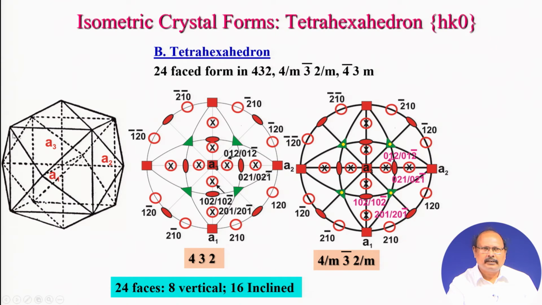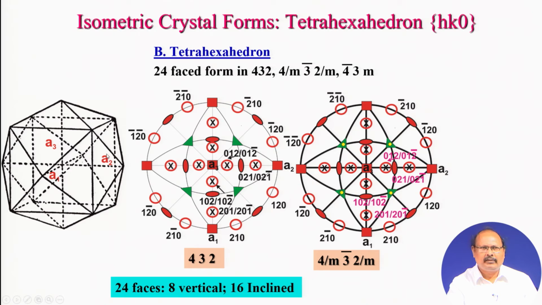You find that this is your A1 axis, this is your A2 axis, and this is your A3 axis here. Immediately you can find this is your 100 face in the cube or hexahedron, which has now been divided into 1, 2, 3 and 4 triangular shaped faces here. So, each hexahedron face now consists of 4 faces.